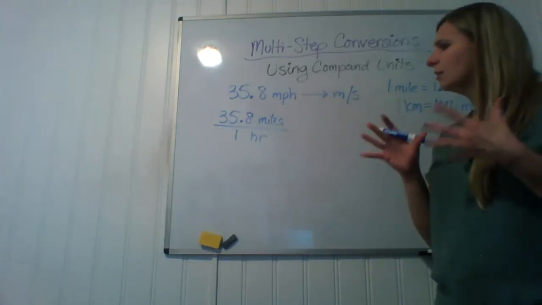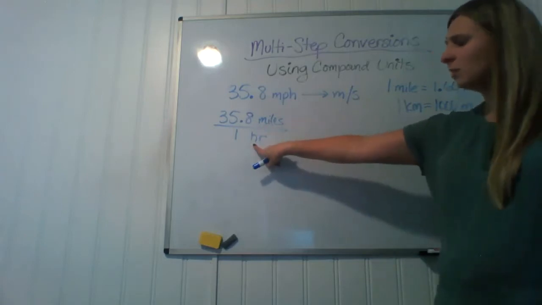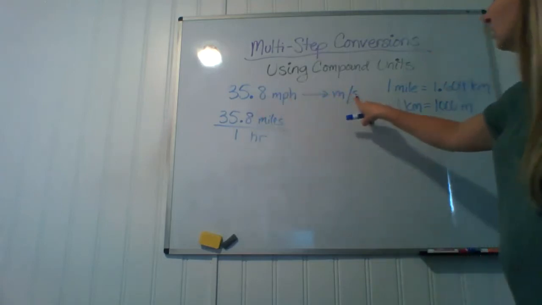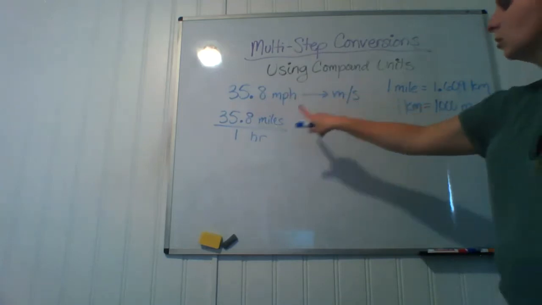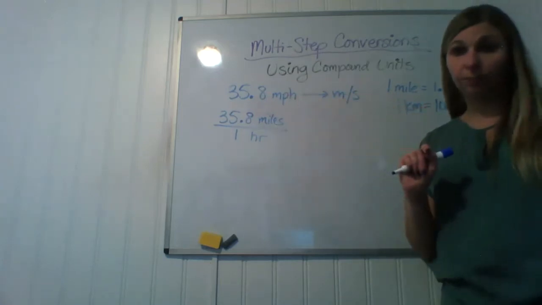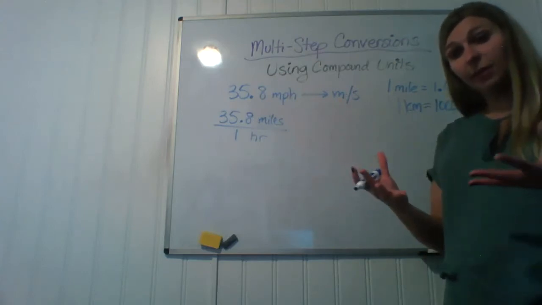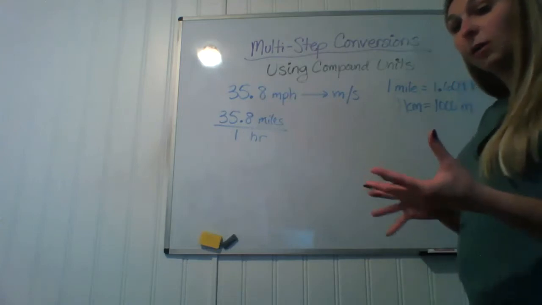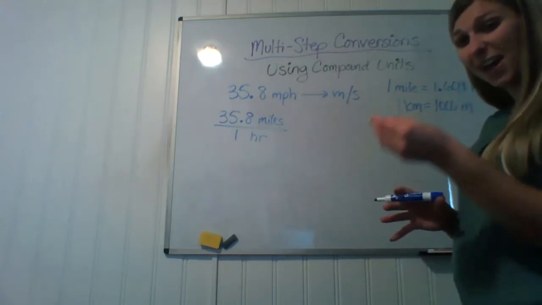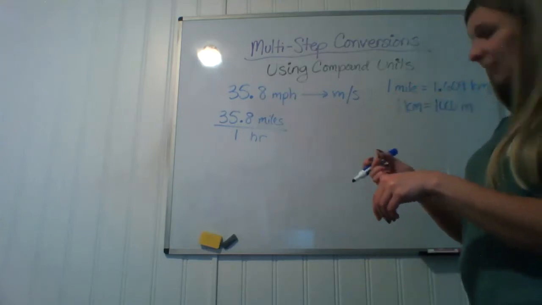But for right now, let's think about, we have hours that we're starting with, and we want to get to seconds. How many seconds are in 1 hour? You can easily think about that if you know it off the top of your head, or you can think about it in terms of minutes, and then how many seconds are in a minute.